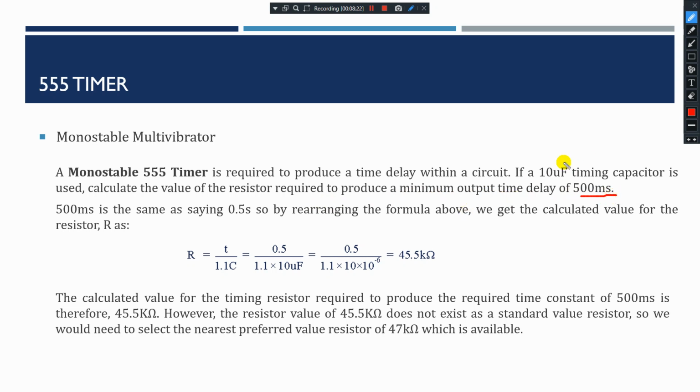So they are given two things. One is C, the capacitor, and they are asking us to find out what will be the resistance. So what should be the resistance? What is the formula? The formula is nothing but T is equal to 1.1 into R into C.